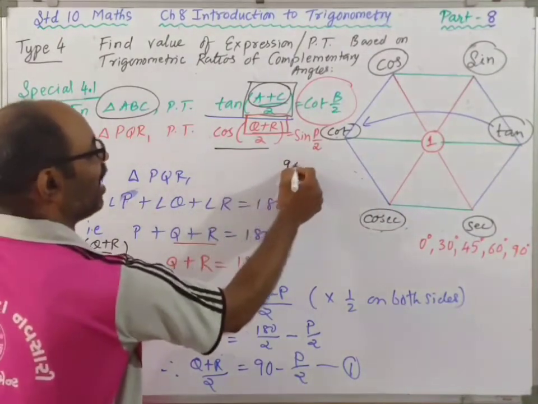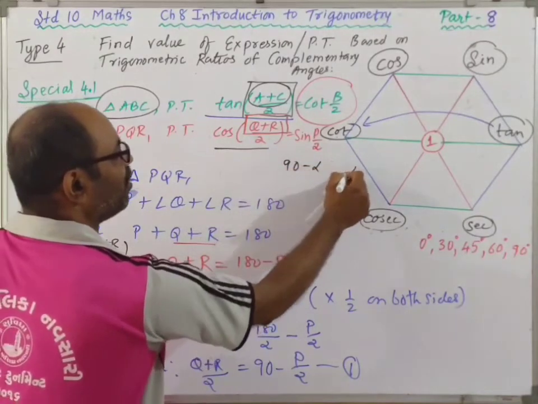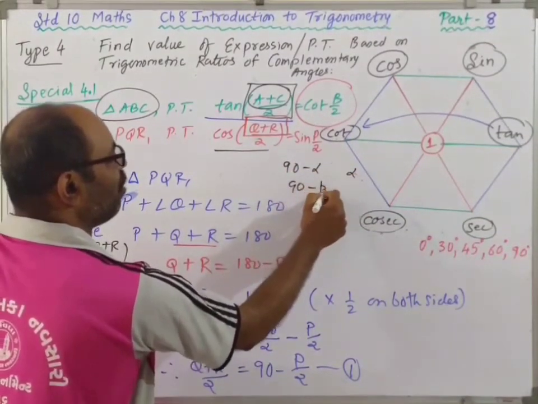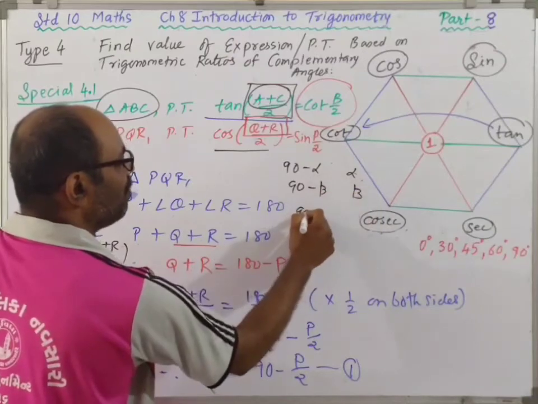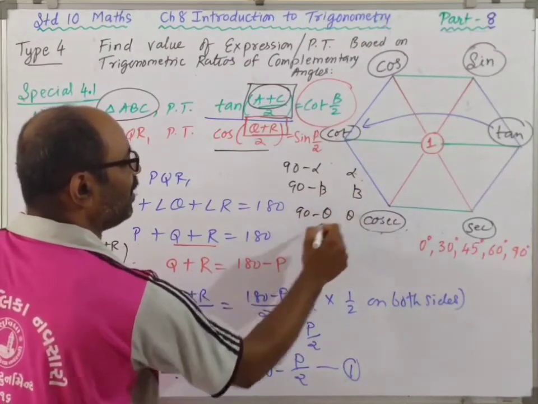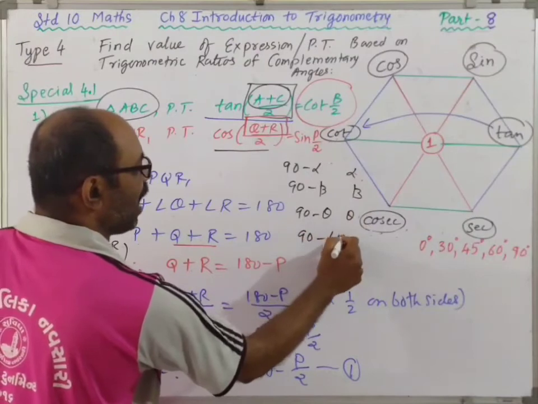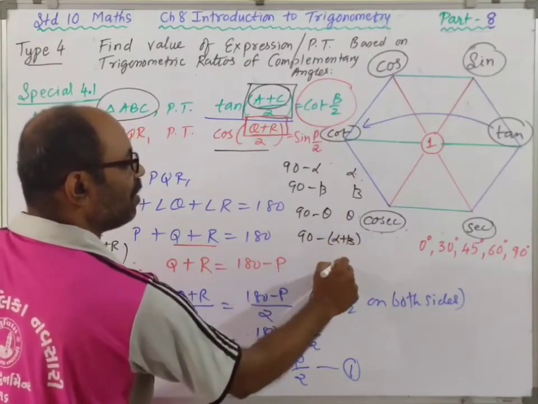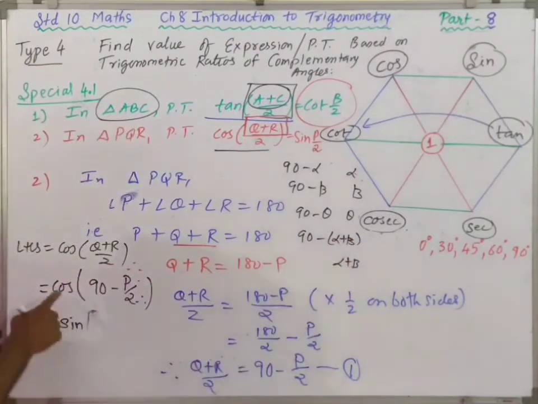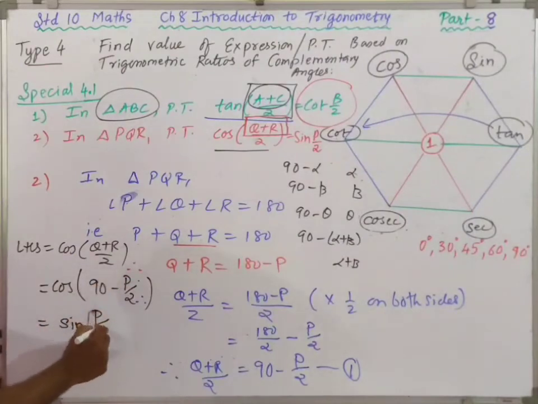And what is complementary of 90 minus P by 2? Once again, 90 minus alpha, what is the complementary? Alpha. 90 minus beta, what is the complementary? Beta. 90 minus theta, what is the complementary? Theta. 90 minus alpha plus beta, its complementary is alpha plus beta. So 90 minus P by 2, its complementary is P by 2. Correct?